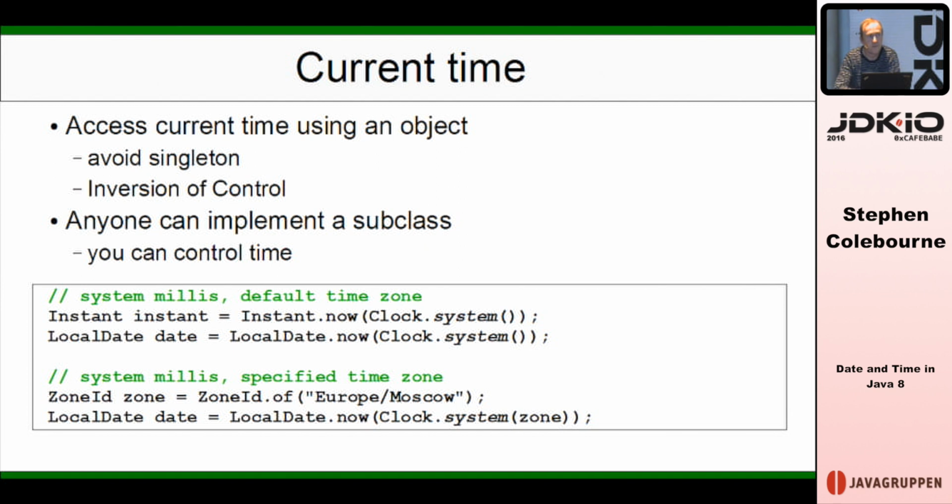So there's a class called clock, and clock represents the current time. So instead of using local date.now with no arguments, you can use local date.now passing in a clock, where clock.system is the default clock that uses the current time zone and system to millis. But you could write a clock implementation that accessed NTP time servers, or that made it go slow, etc., etc.